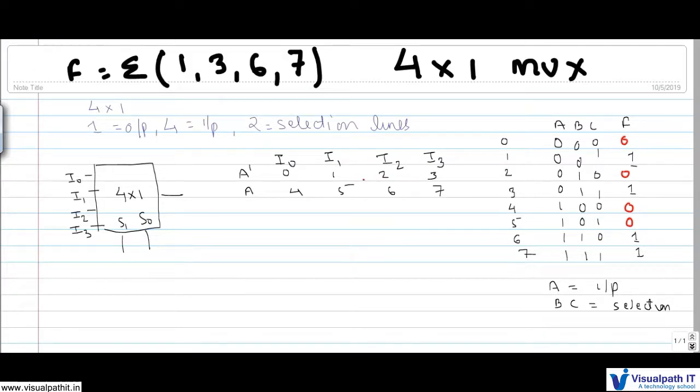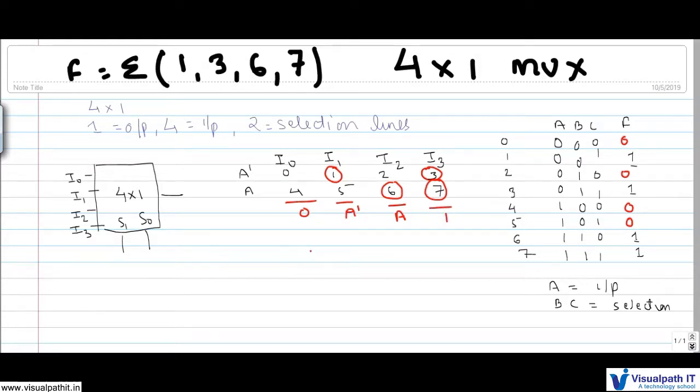Now this is high for 1, 3, 6 and 7. So when nothing is highlighted, I will consider it as 0. This I will consider as A dash, this I will consider as A, just like this. This is A dash because it symbolizes A dash, and this will be equal to 1.